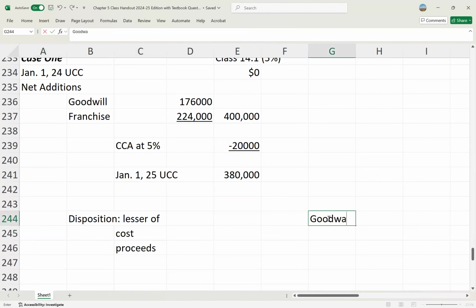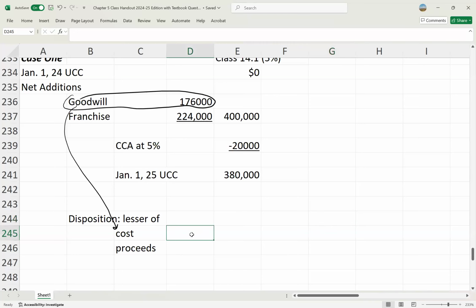So what happens then is that when we sell that goodwill in the following year, the only goodwill that we currently have, so remember the goodwill that we bought last year? The only goodwill cost that we have in this class 14.1 is this 176,000. So even though we don't know if we sold exactly that same business that we bought last year, the cost of the goodwill currently in this class 14.1 is 176,000.